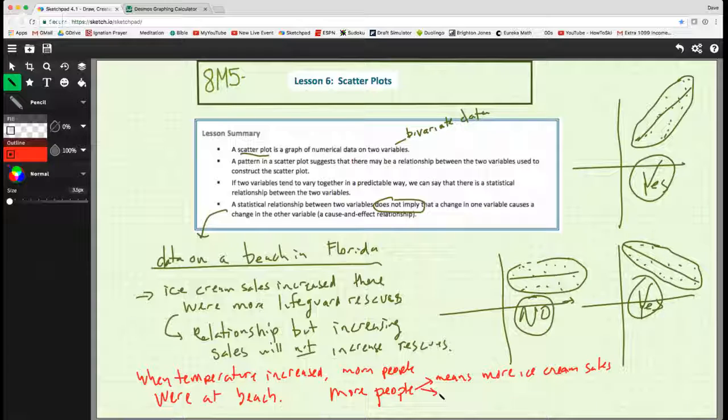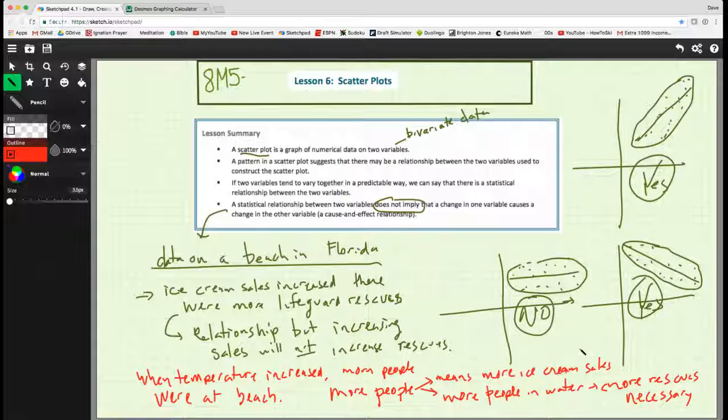And more people means more people in the water, which means more rescues necessary. Right? So sometimes we can show relationships occurring, but clearly selling more ice cream doesn't mean more rescues. And the temperature and the more people at the beach is the thing that explains that relationship.